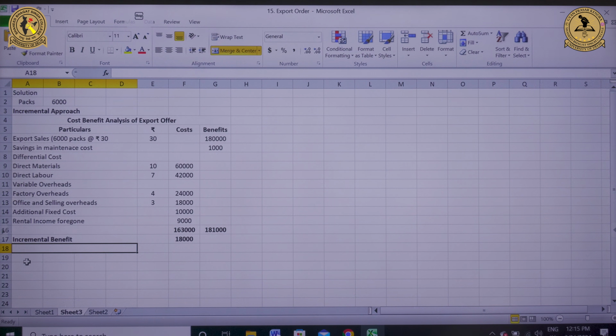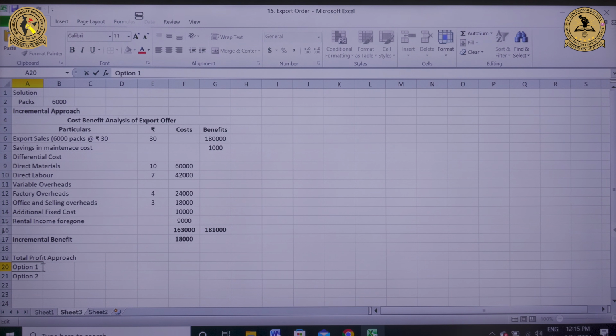The next is the total profit approach. It is another alternative of solving this numerical using a different approach. There are two options, option 1 and option 2.